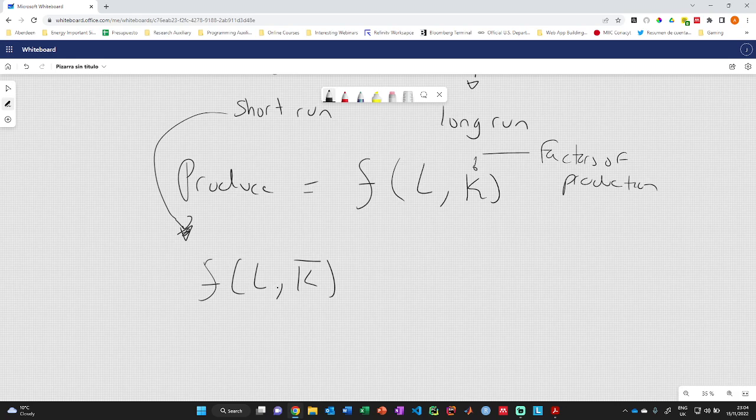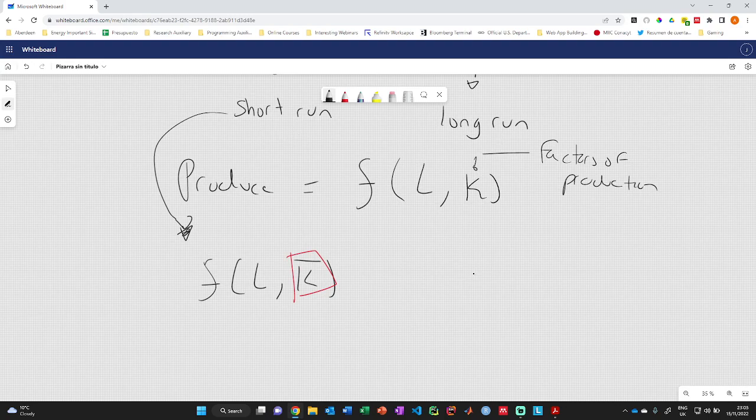We can contract or get someone to join a job quite easily. But making capital available, buying some equipment, buying a new plant, is very difficult. So in the short run, I can vary one of these factors of production, normally labor, but capital is fixed. I cannot change capital in the short run. This is why we call it the short run.